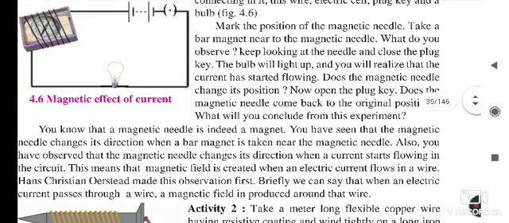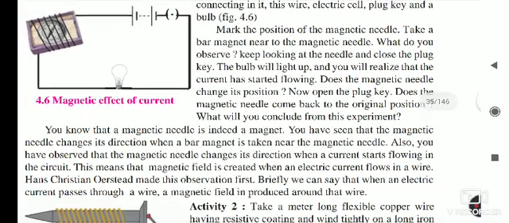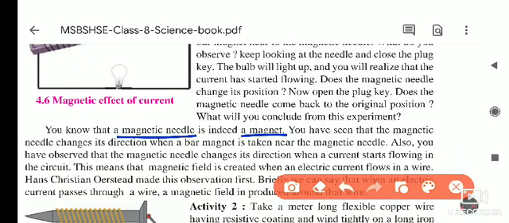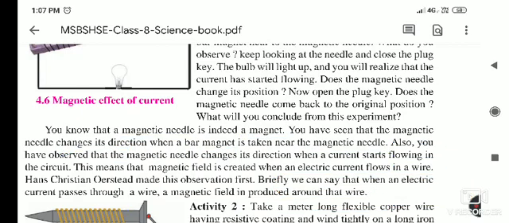Okay, so you know that a magnetic needle is indeed a magnet. You have seen that a magnetic needle changes its direction when a bar magnet is taken near it. It shows the deflection.